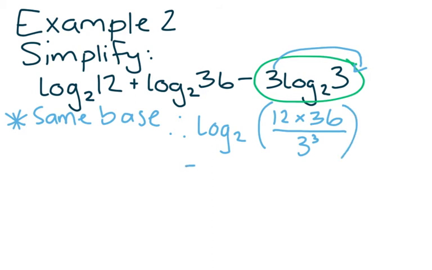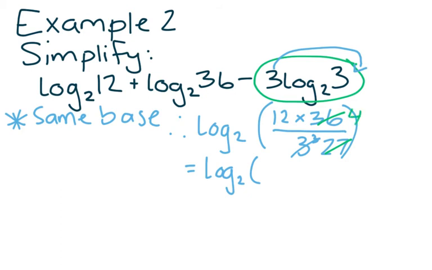So now if we actually work this out, we've got log base 2 and we've got 12 times 36 over 27. Now we want to do this without a calculator, because usually they are without a calculator. So if I cross the 3 cubed out and make it 27, I can then simplify the 36 and the 27 because 9 goes into those.